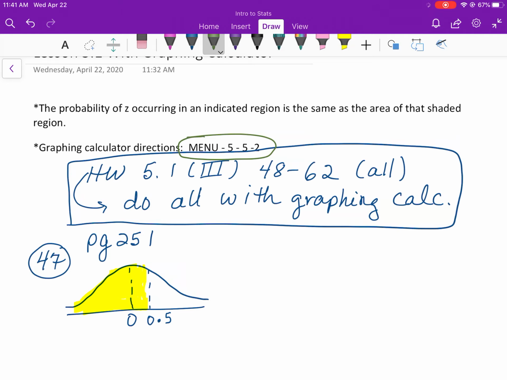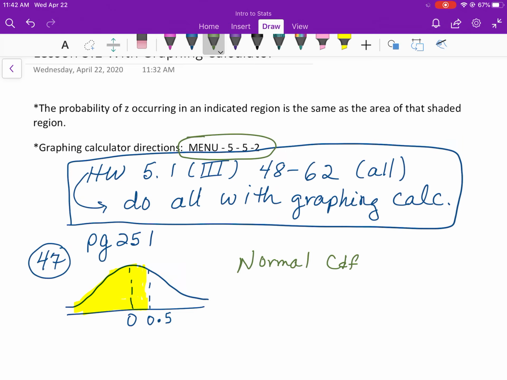So if you will go to your graphing calculators and just go to a new calculation window, and hit menu, and then 5 for distributions, and then 2. We're looking for the normal CDF. It's going to look like this on your screen, normal CDF. So it's menu and then 5 for probability, 5 for distribution, and 2 for normal CDF.